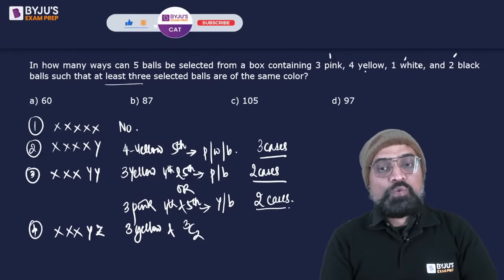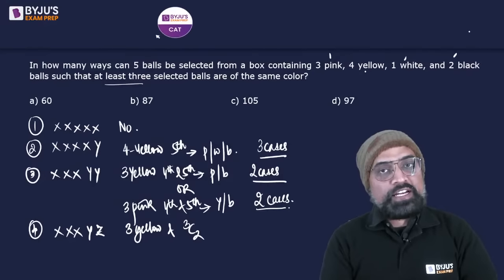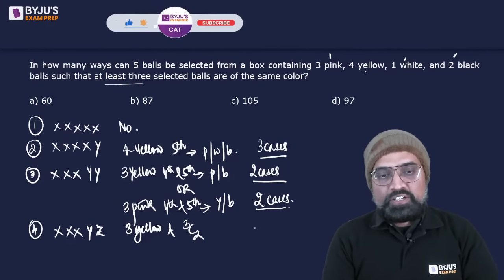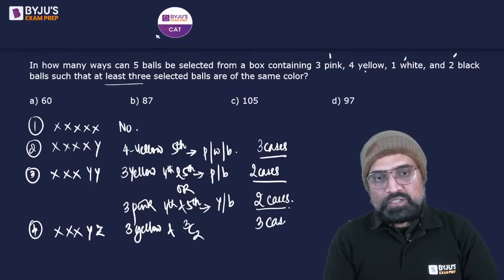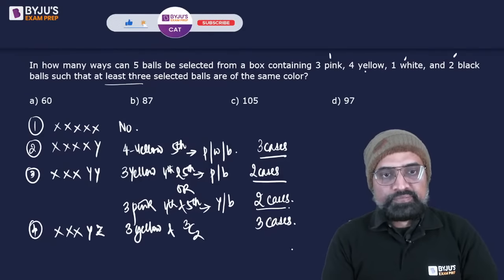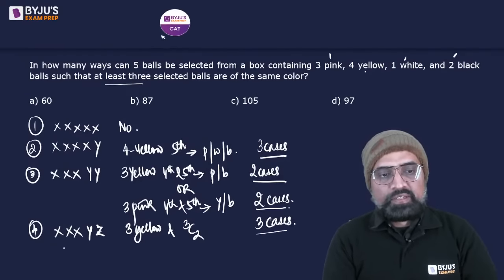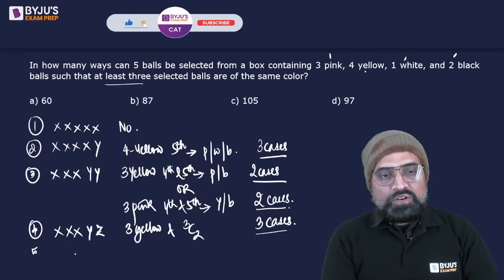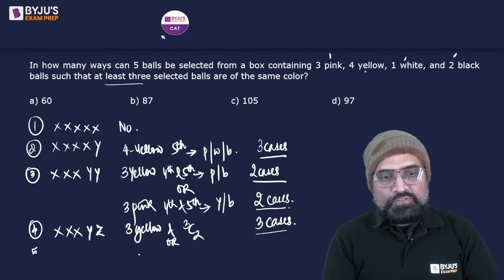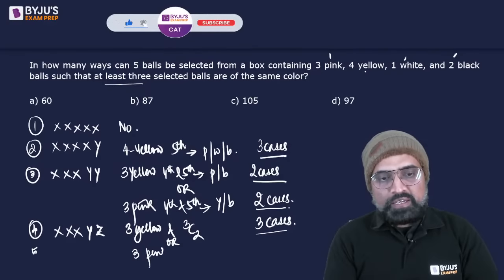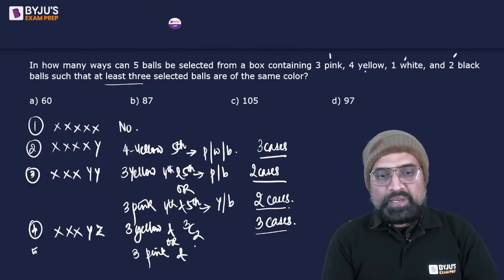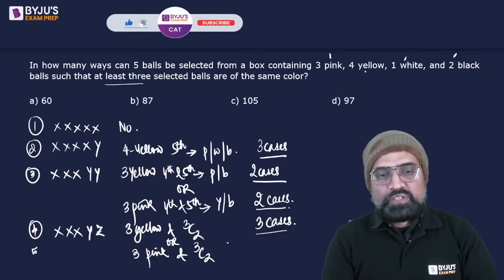We can have pink white, we can have pink black, we can have white black. These are the only 3 cases. So we are going to have 3 cases from there. Or we can have 3 pink and the remaining 3C2.